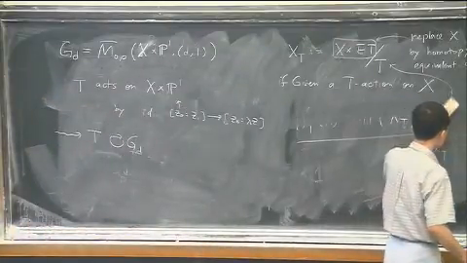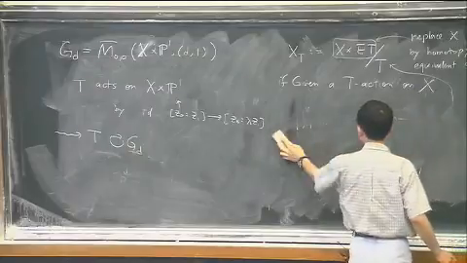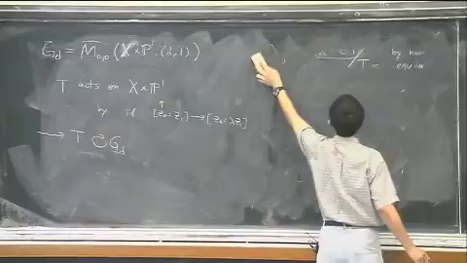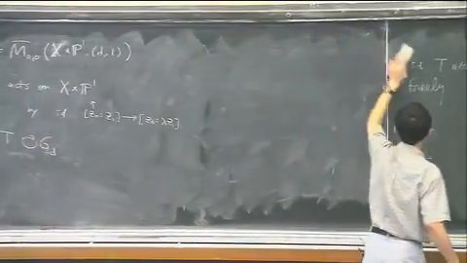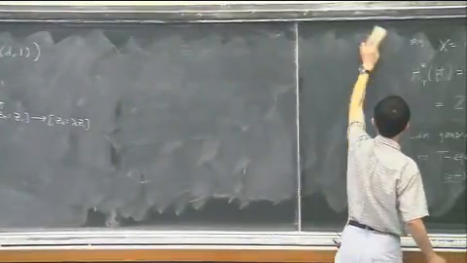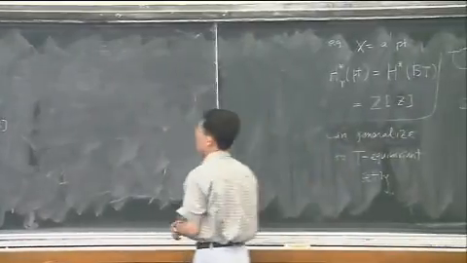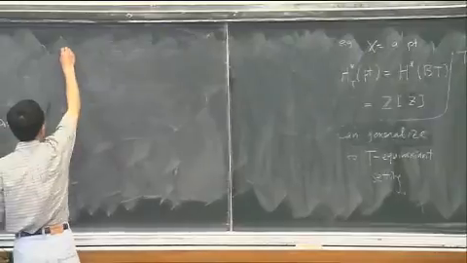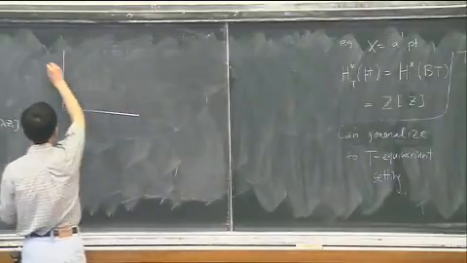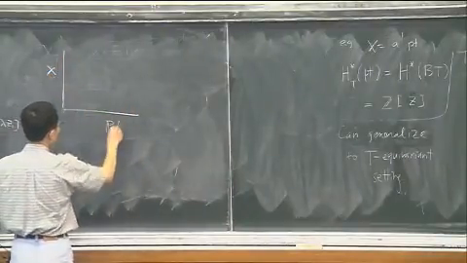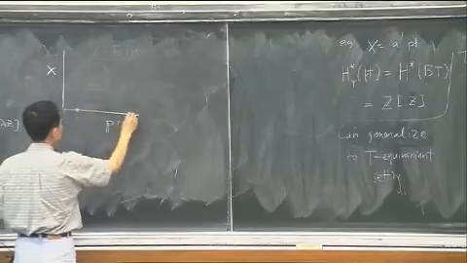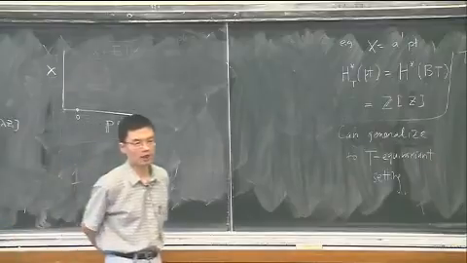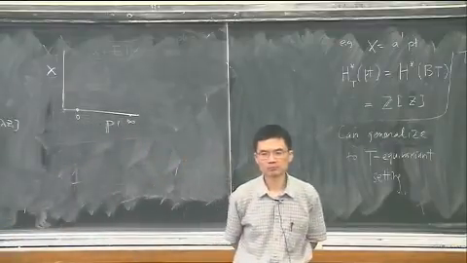So now to use localization, I have to find out what the fixed loci are. So let's try to find out. As I said, suppose this is your X cross P1, and on P1 you have two fixed points, 0 and infinity, that's two fixed points by my action. On X there's no action, so it's fine.